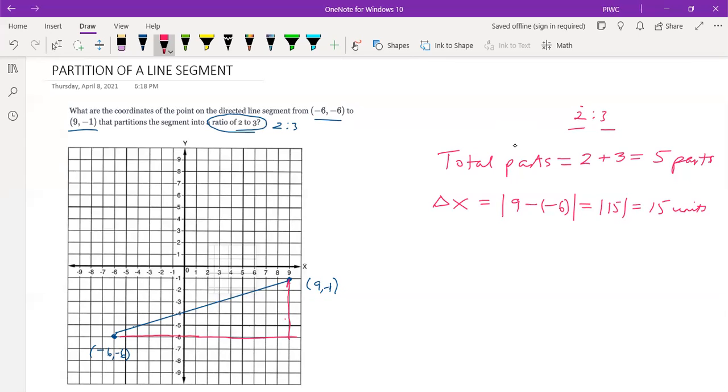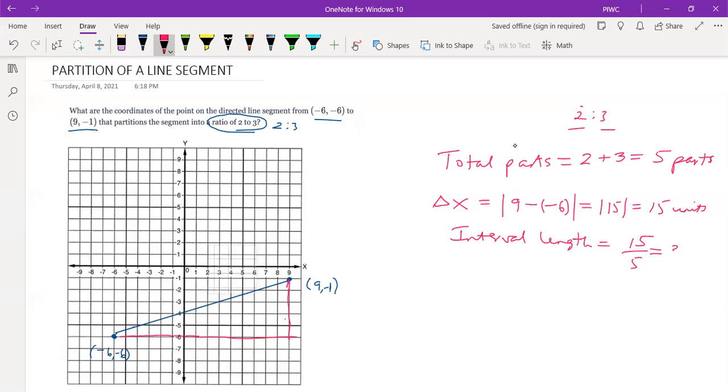So we're going to divide this 15 units into 5 parts, right? If we divide into 5 parts, that means we have to break it down into lengths of 3 units, because the interval length that you want is 15 over 5.